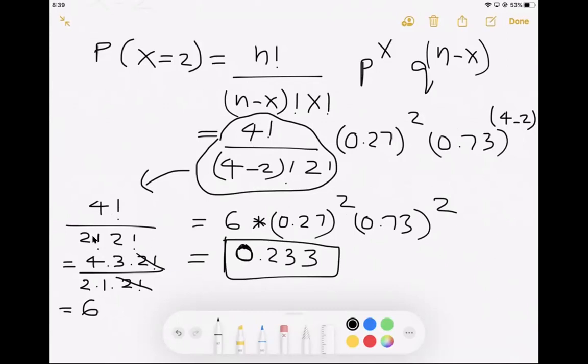In here also, if you want, you can use a calculator, but I think this is very simple. You can cut if you know the procedure, or if you want, you can directly use your calculator. Anyhow, you need to get this correct answer. So this is the answer for slide number 32, 0.233.